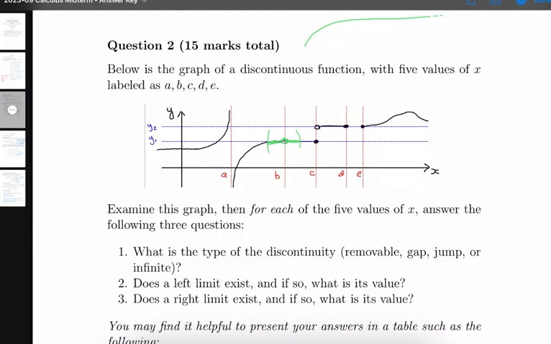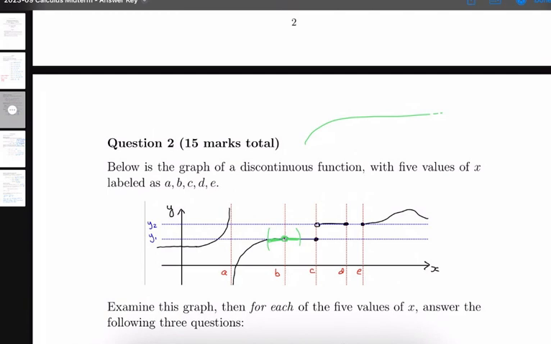By the way, you correctly noticed that at C, one of the dots is filled and one of them is open. What would happen if both were open? If this one and this one, well, this one is open. If this was also open, would this still be a jump discontinuity?